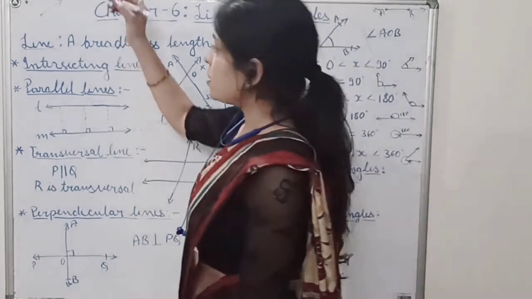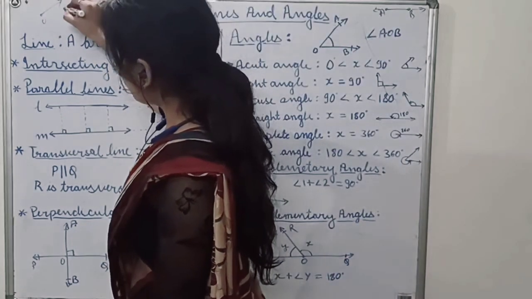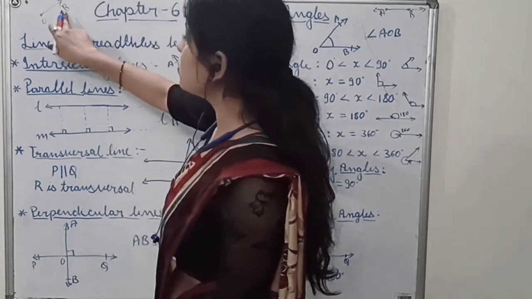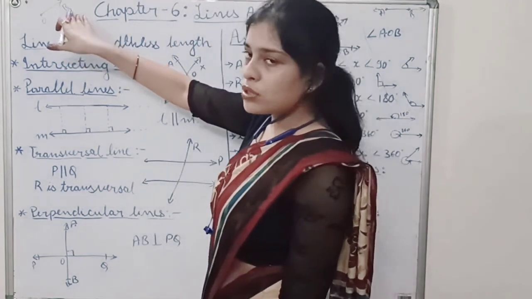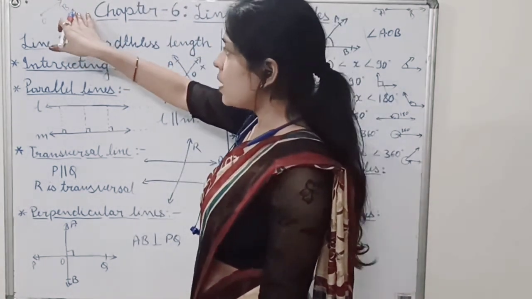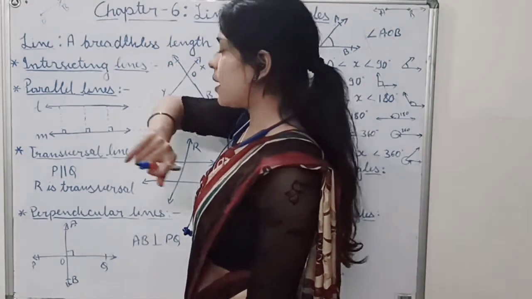And this will be named as OB. B is not determined here. B is infinite. B can be anywhere in this extended line.